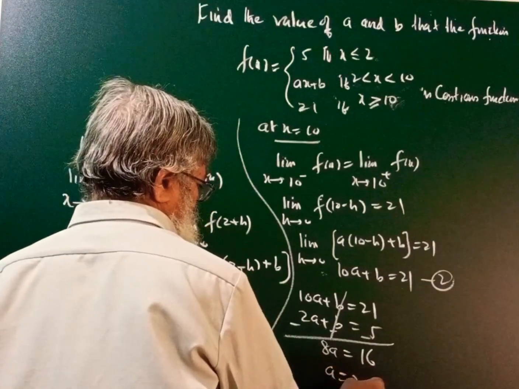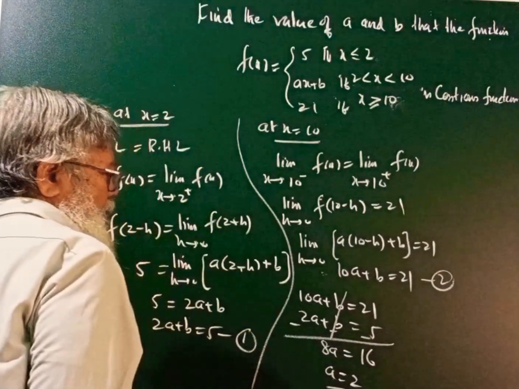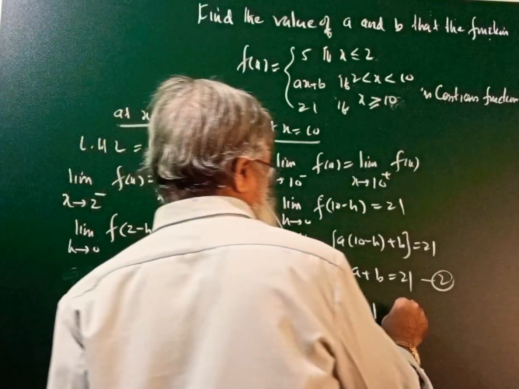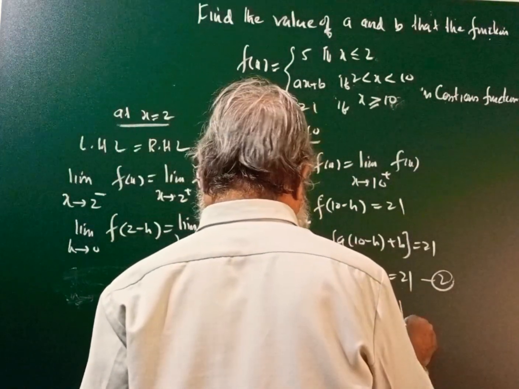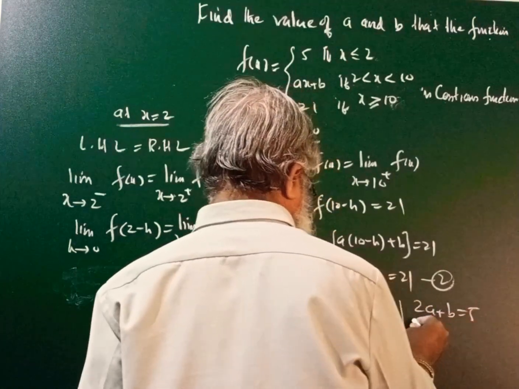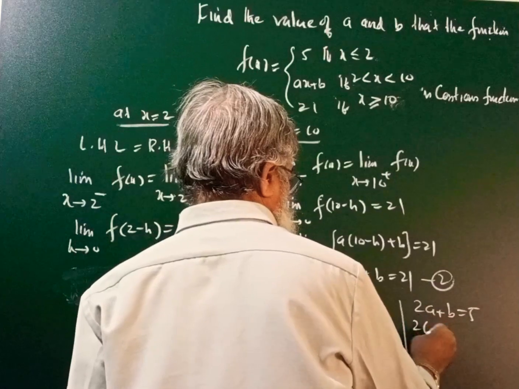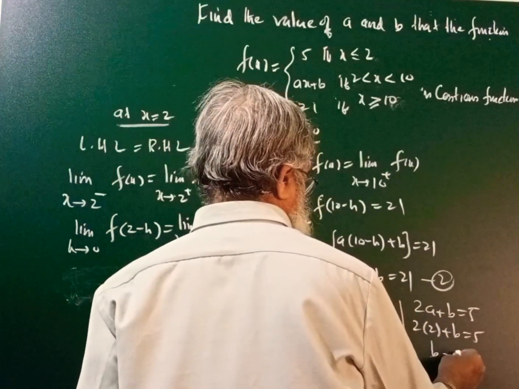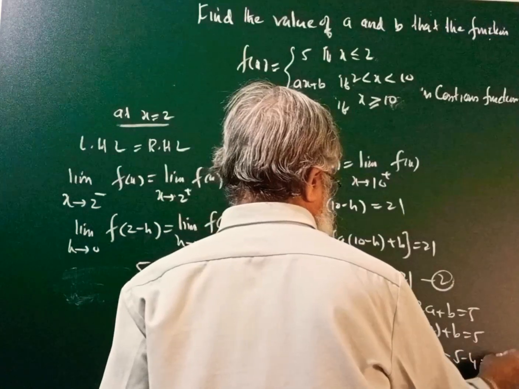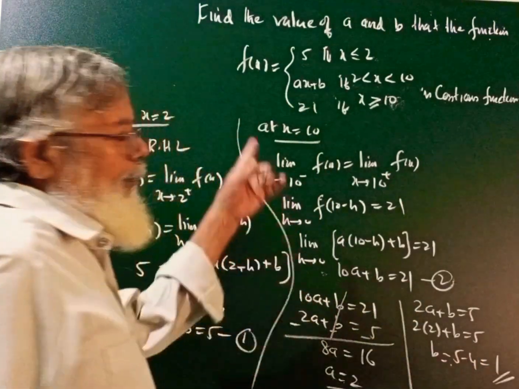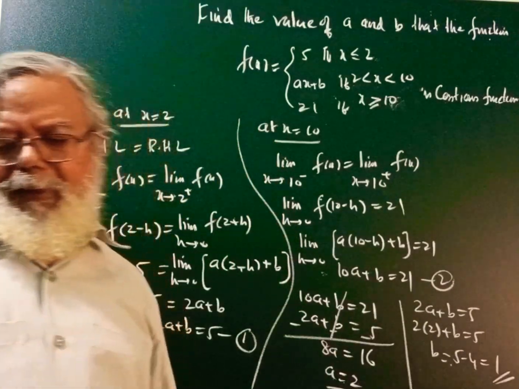Therefore, a is equal to 2. To get the value of b, we have 2a plus b is equal to 5. 2 into 2 plus b is equal to 5. Therefore, b is equal to 5 minus 4, that is equal to 1. For these values of a and b, the given function will be continuous under the given condition.